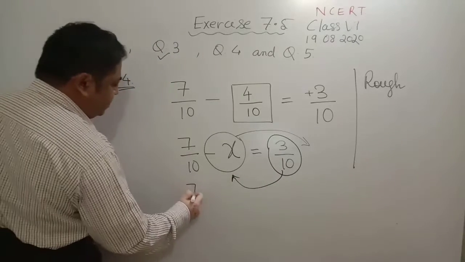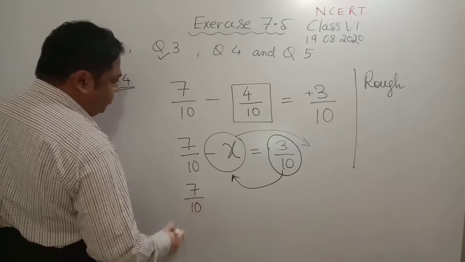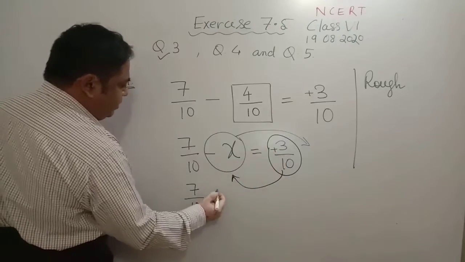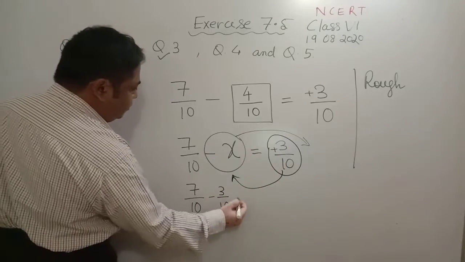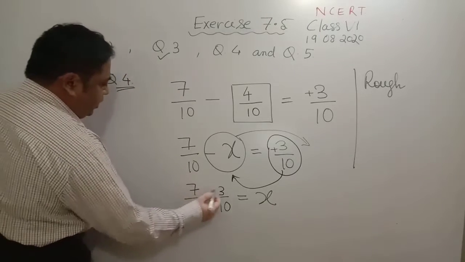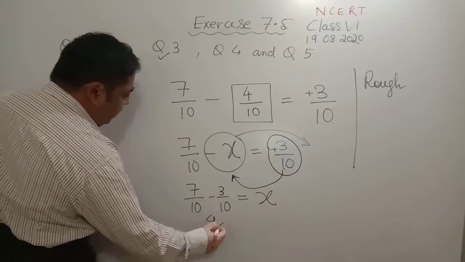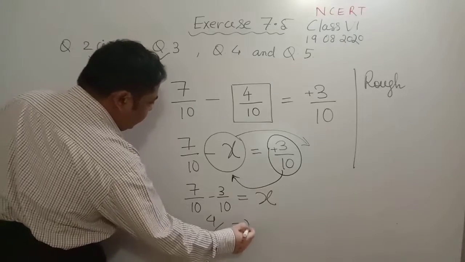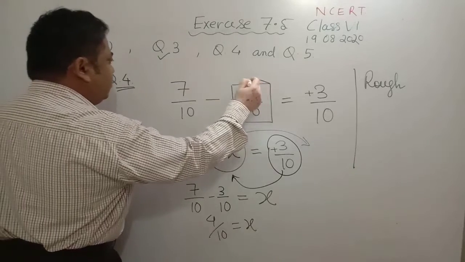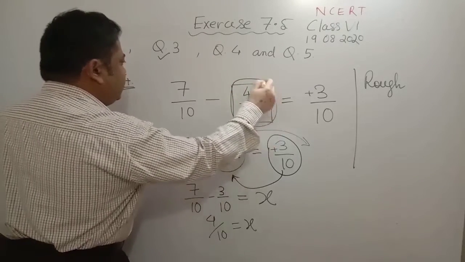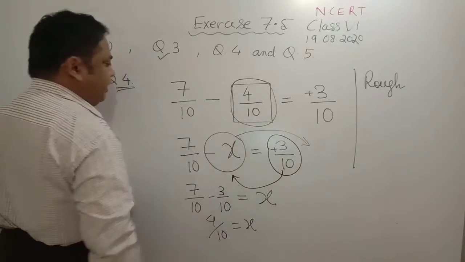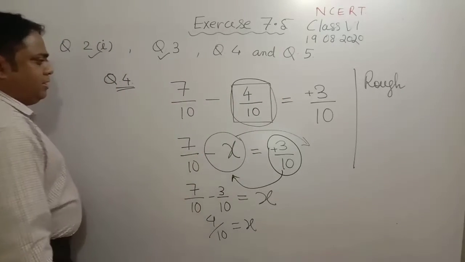So what will happen? 7 by 10, this minus will become plus this side and this plus will become minus this side, will be equal to X. So very clearly this will be 4 by 10 equal to X. X is nothing but this value. So this is another way of finding. Either you can find out just by seeing it, by mental calculation, or you can do it by this method.